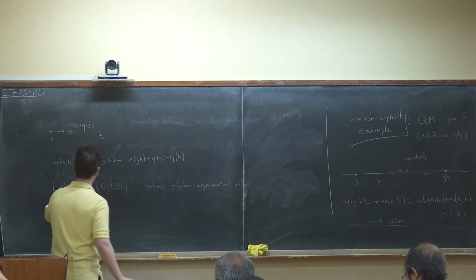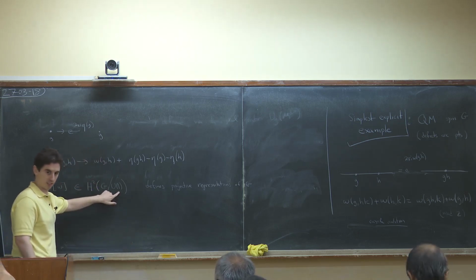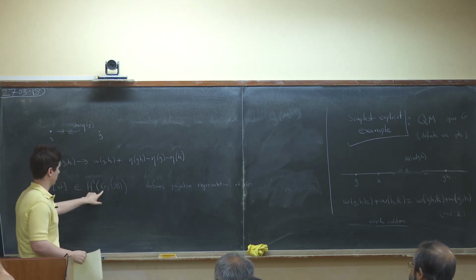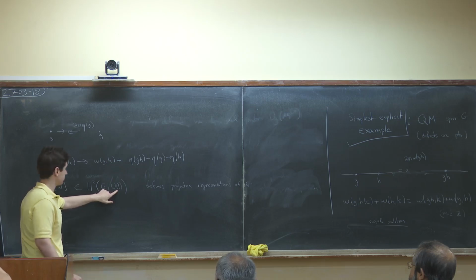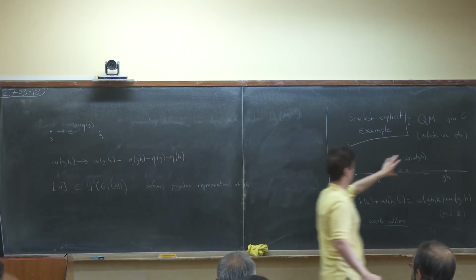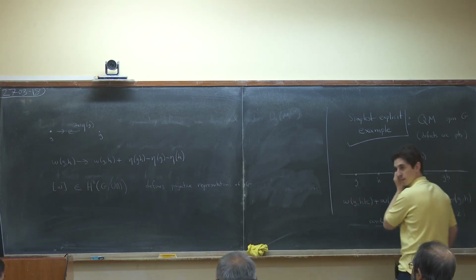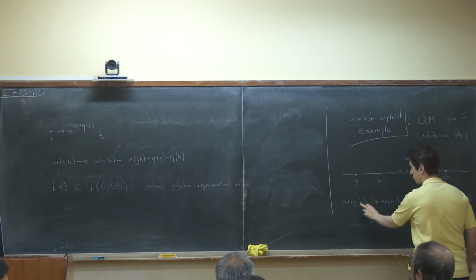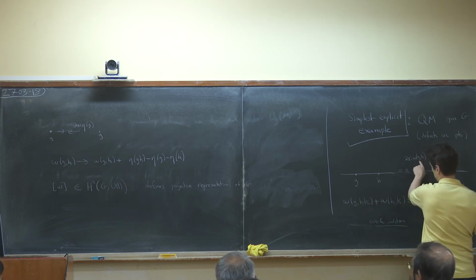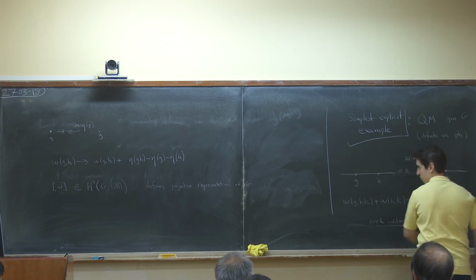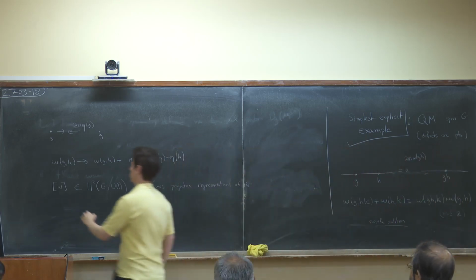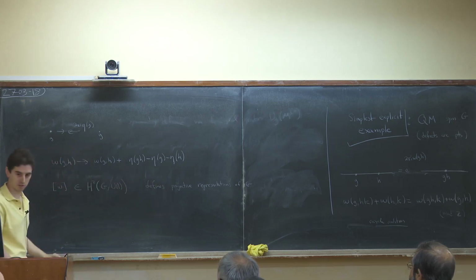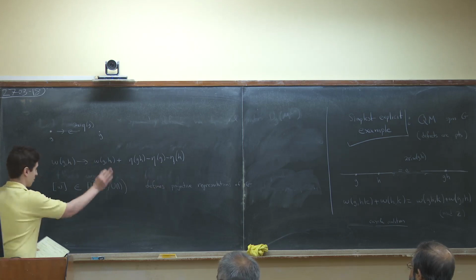So an element of this group cohomology is a function that takes two elements of G to U1, subject to this condition, and the fact that we're in cohomology means that we mod out by maps of this form. So this is just a name. That's right. It's a name for what we encountered.